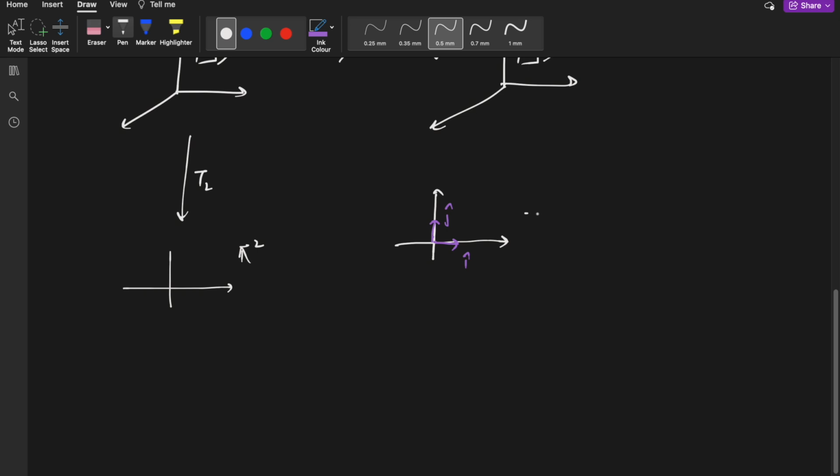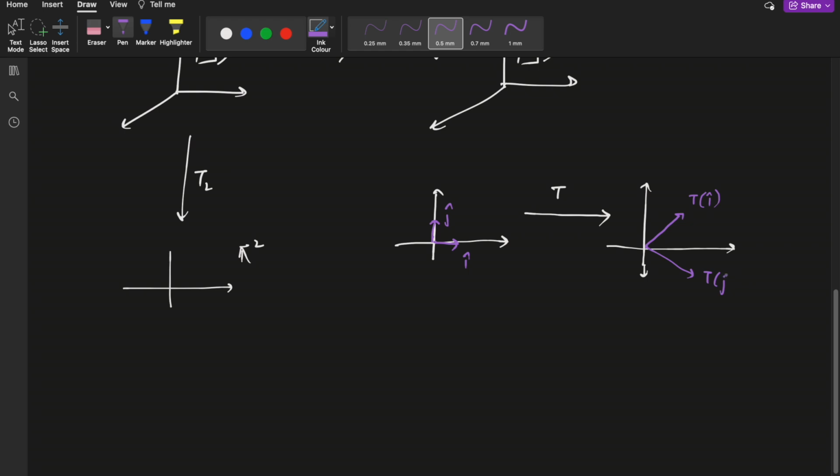Now let us suppose you have a linear transformation T. And what this linear transformation does is, after applying it, the transformed i hat, that is T of i hat, is here, but your T of j hat is here.